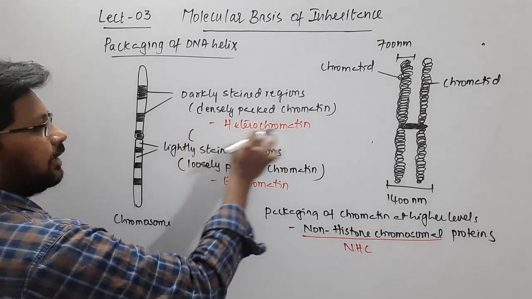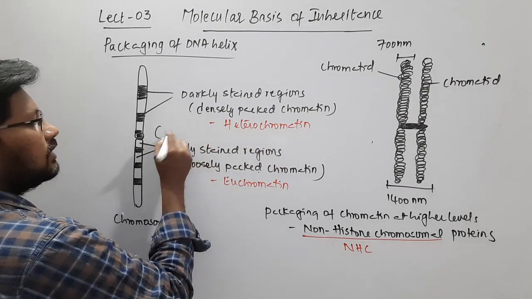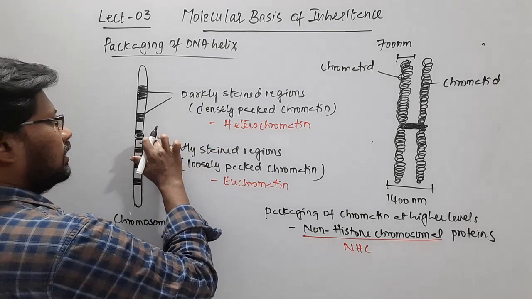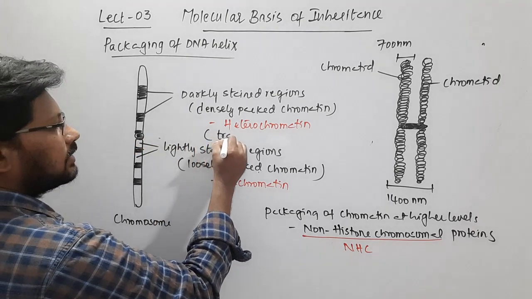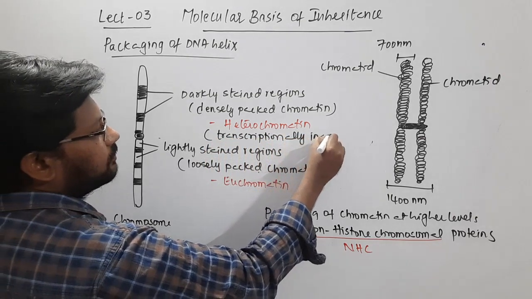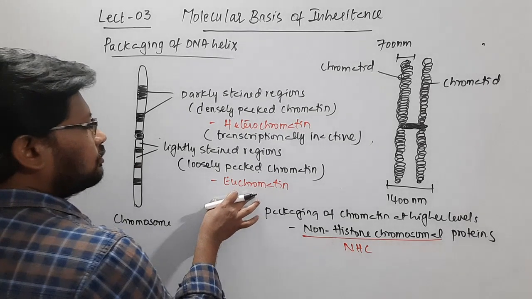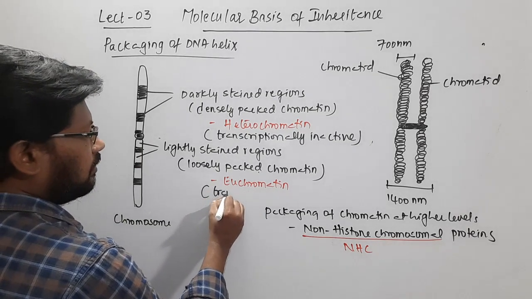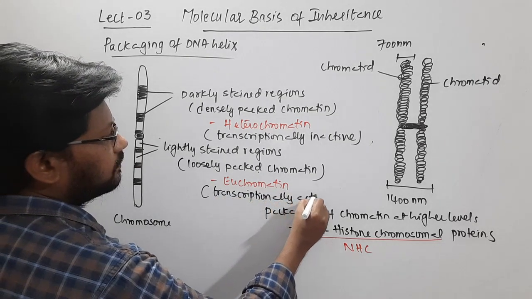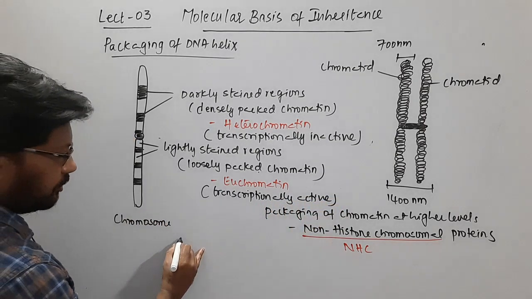So these heterochromatin are the regions where there is no transcription taking place. So I say this heterochromatin is transcriptionally inactive, whereas euchromatin is a region that I call transcriptionally active, right?